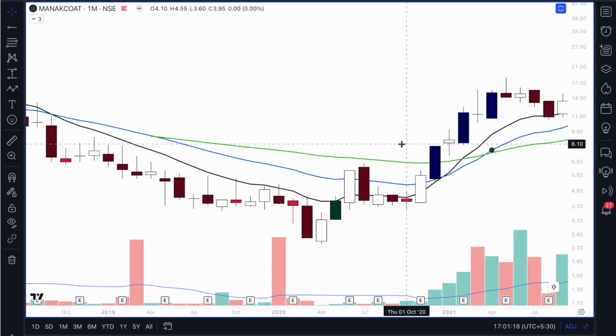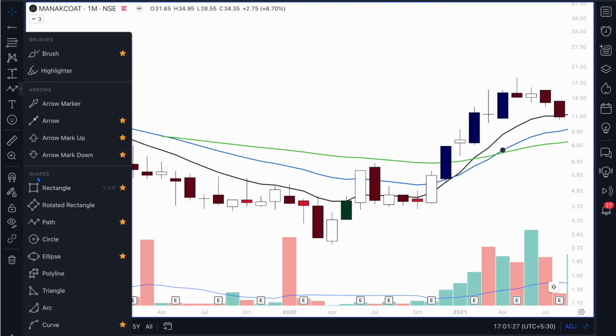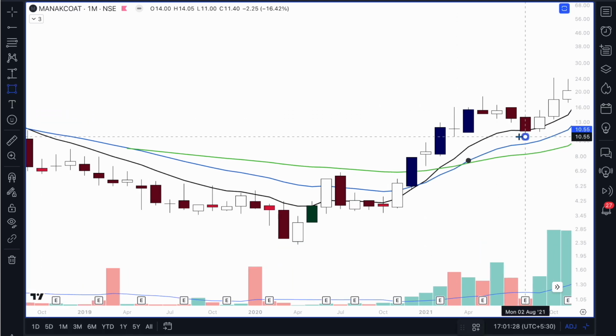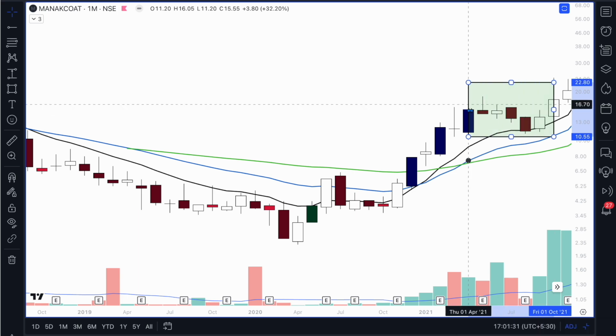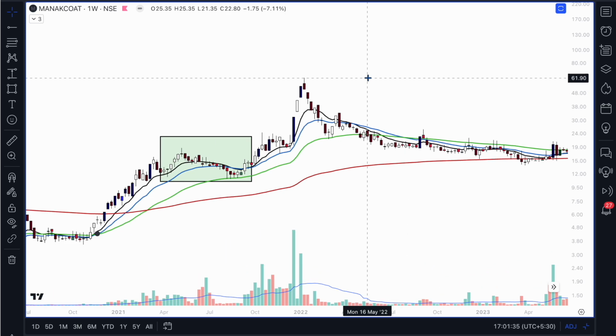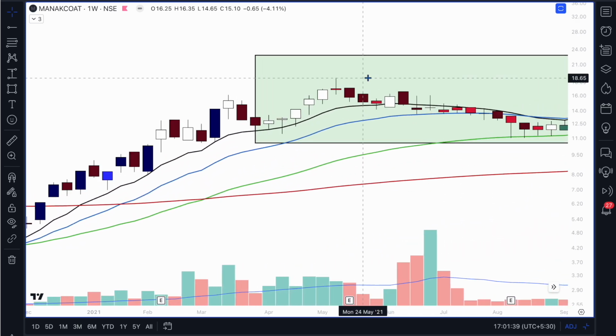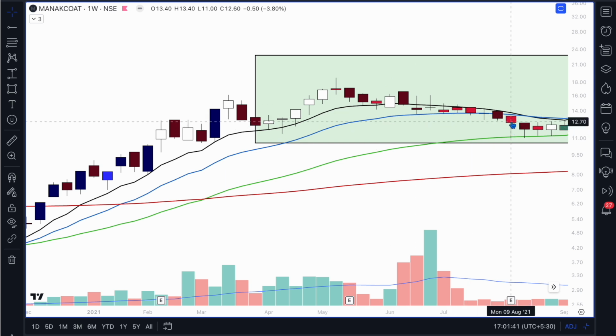Okay, now here you will say that it doesn't look good the way it has come, big red candles. That is definitely one thing. So let's go and see what the weekly has to say about this. So what we will do is mark this area and let's go to the weekly. So what would the weekly be doing? Any guesses? It would be at its 50. And see, when it approached 50, were there big red candles or did the candles have a lot of wick?